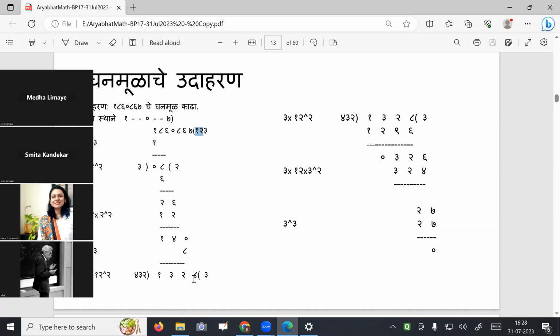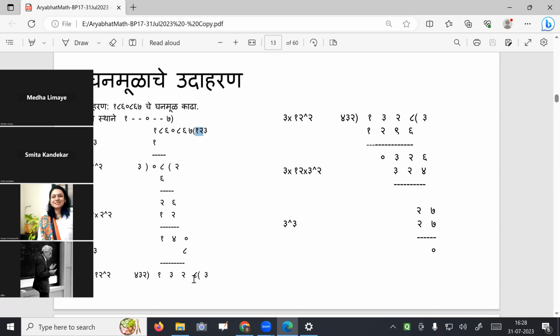Whatever you have obtained so far in the root, like 12 here, you take its fourth power and divide by 5 times that number, like 12 raised to 4, and get the quotient. That quotient is c, the third digit.